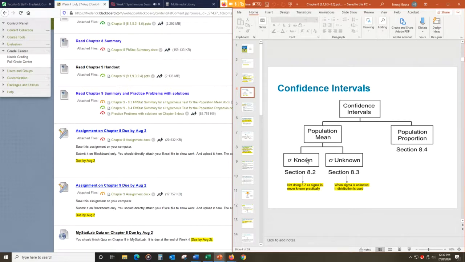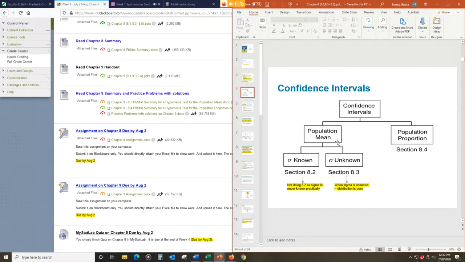Population mean is further divided in two options: that we are given sigma, which is our population standard deviation, known, and population standard deviation sigma, which is unknown. Practically, sigma is never known. So it is always sigma unknown. And that's why section 8.2, where sigma is known, we are not doing that section. Got it?